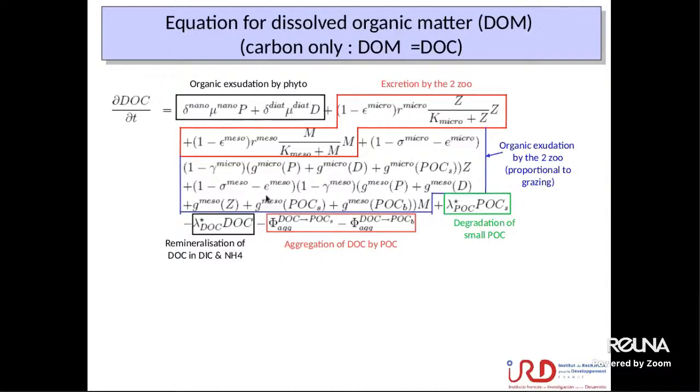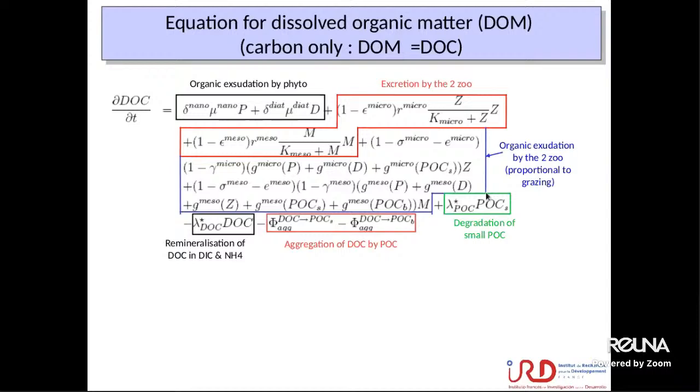And also, as I told you, there is some inefficiency of grazing. So part of this grazing, you can recognize with G, P, all these J's are grazing, is proportional to the grazing, and that is producing dissolved organic matter. This is organic exudation. Okay, so these are all source terms.